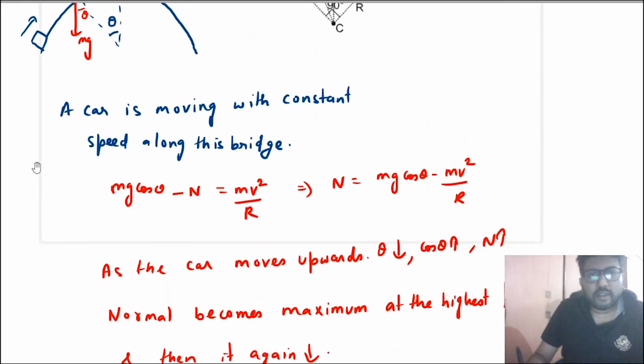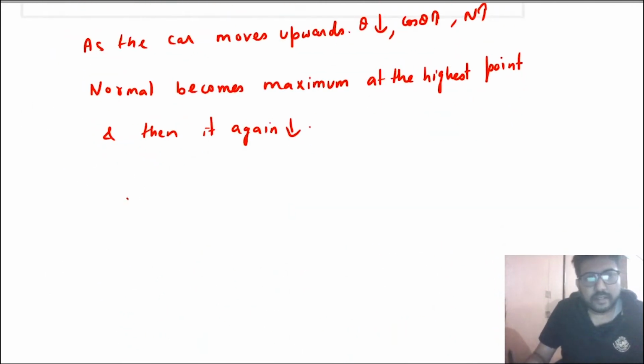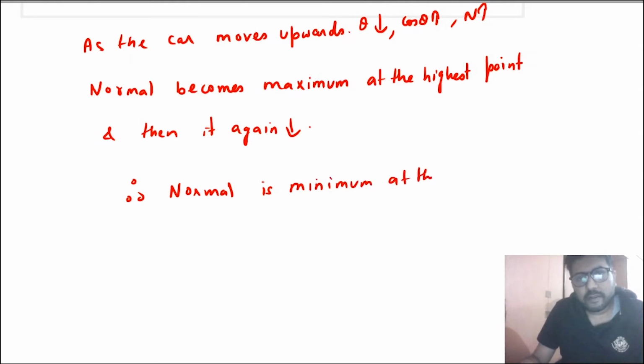So that means normal is minimum at the lowest point. Therefore, normal is minimum at the lowest point in a convex bridge.